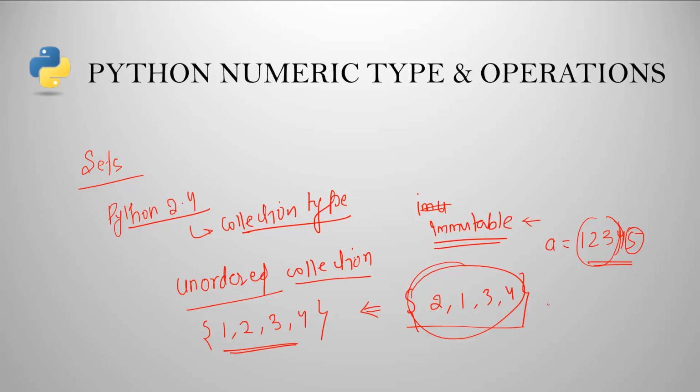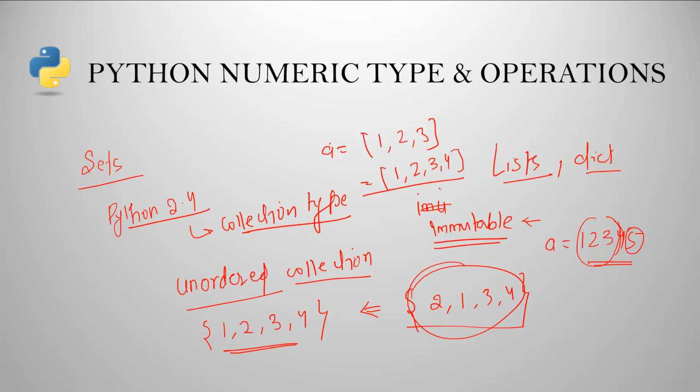There are other object types like lists and dictionaries where you can do inline modification. For example, if you have created a list of 1 2 3 and you want to modify it, you can do so by inserting one more object, 4. But this operation is not performed on an immutable object.